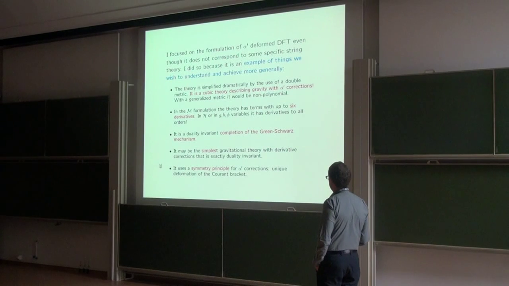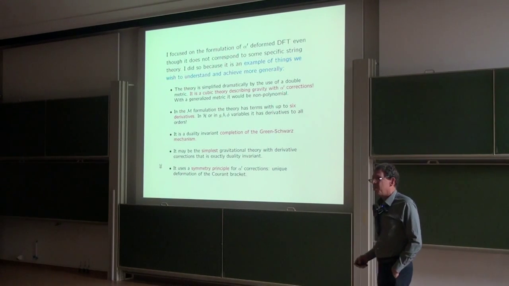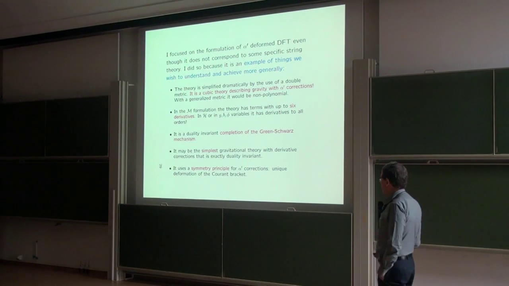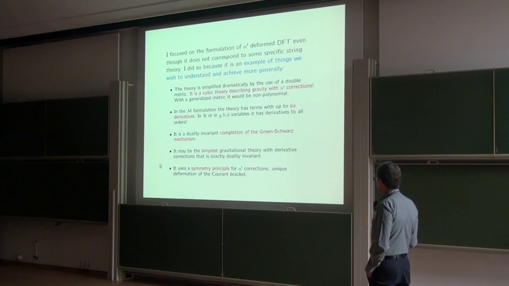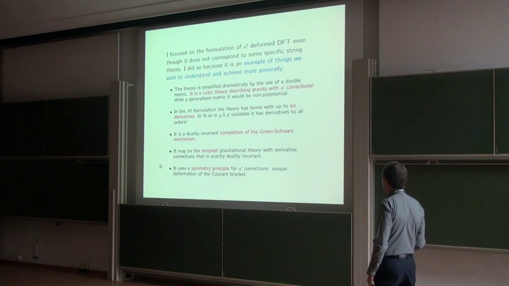With a generalized metric, it would be non-polynomial. So it certainly allows you to do something you would not achieve with a generalized metric. In the M formulation of the theory, you have terms with up to 6 derivatives. In H, G, and B variables, it has derivatives to all orders.